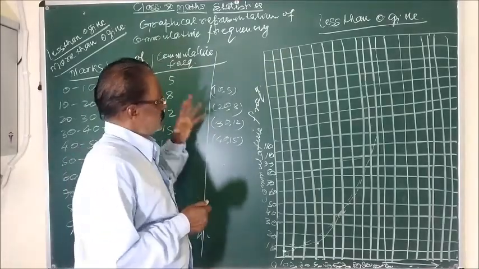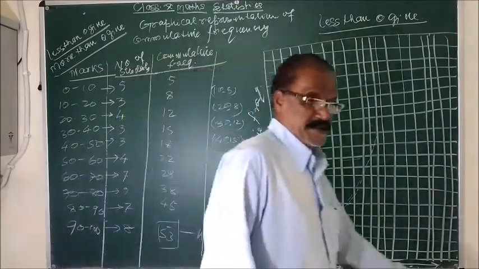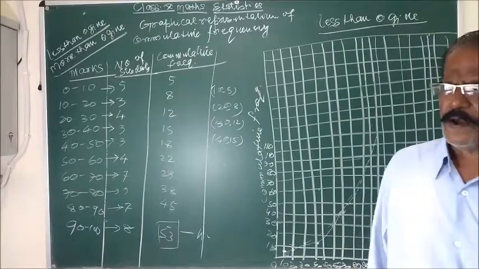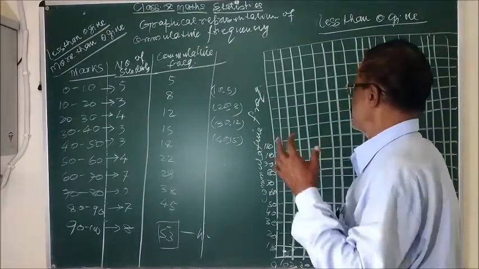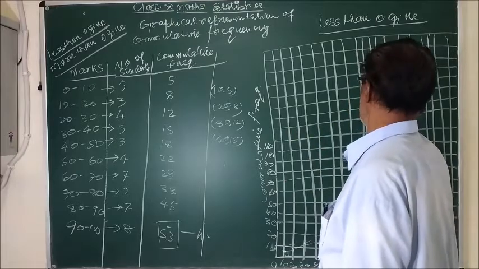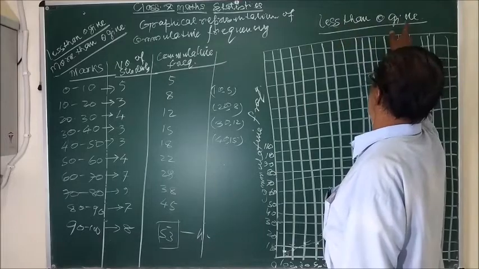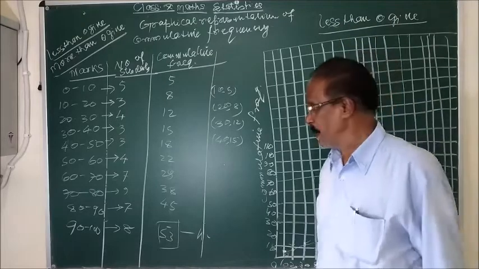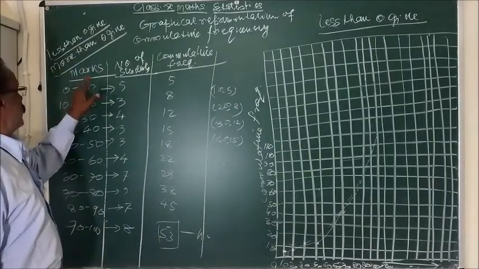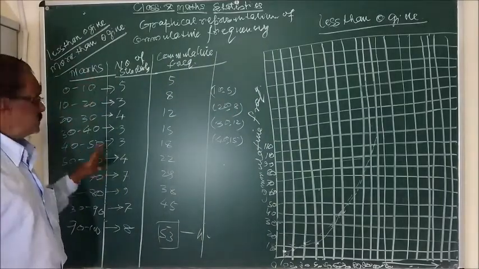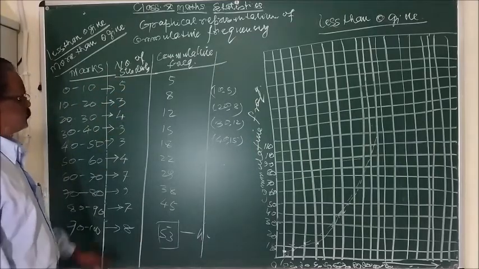My dear students, from examination point of view, this part of statistics is very important, and one question is generally set in the board exam to represent the frequency distribution. This is the less than type ogive. Understand? This is the question: marks obtained by a student given in the book, number of students, this is frequency.